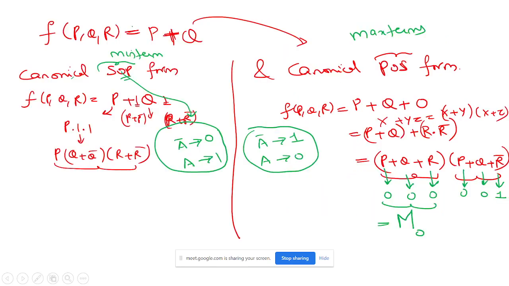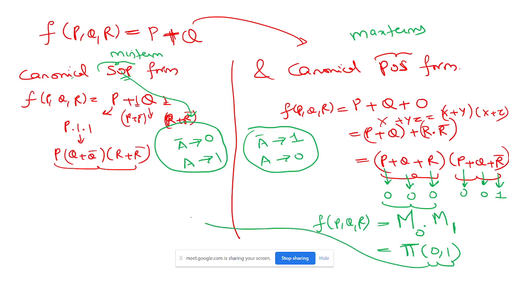Okay. Now what are we doing? We are doing both min term and max term. So here, right hand side, you look at it, M0. This is M1. So f of PQR can be written as Pi of 0, 1. Product, right? Now, whatever is not present there will be present in SOP.